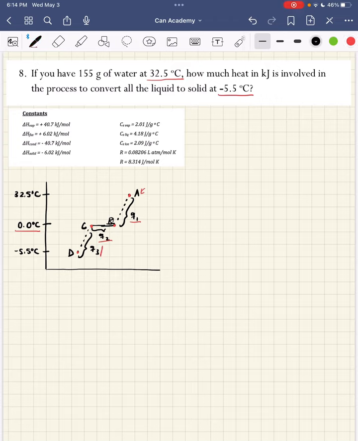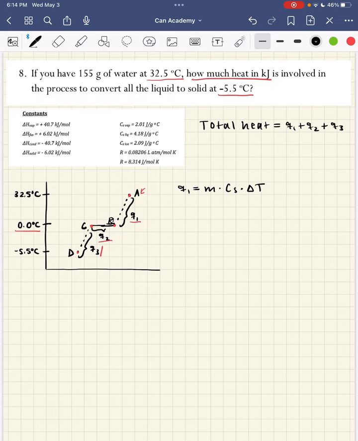To find the total heat, which is what the question is asking for, how much heat in kilojoules, we're going to add these 3 different heats together. So Q1 plus Q2 plus Q3. Now we have to go about actually finding these. For Q1, we're going to use the equation Q equals mass times specific heat times change in temperature.